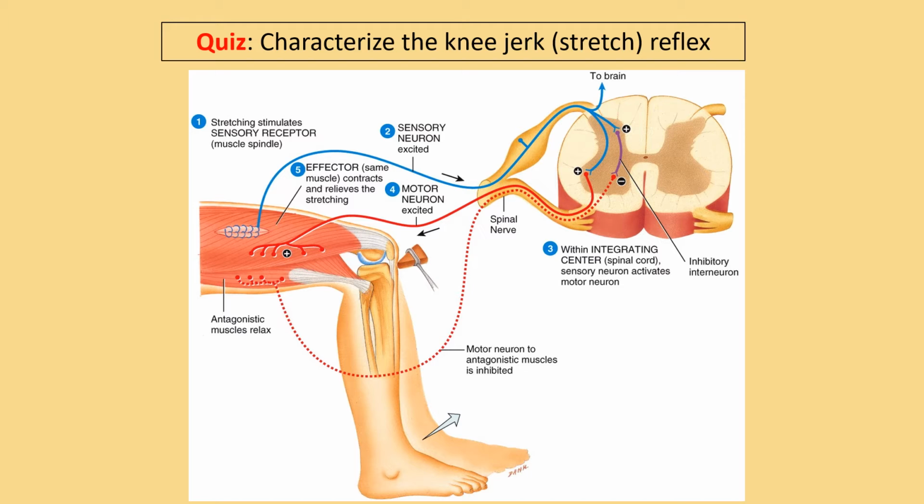The reflex would occur whether or not that signal to the brain happens, but it is that signal to the brain that alerts you, that makes you consciously aware of, oh, something just tapped on my patellar tendon and then my leg kicked out. So you become aware of it because of that message being sent to your brain, but your brain is not at all responsible for the knee-jerk reflex.